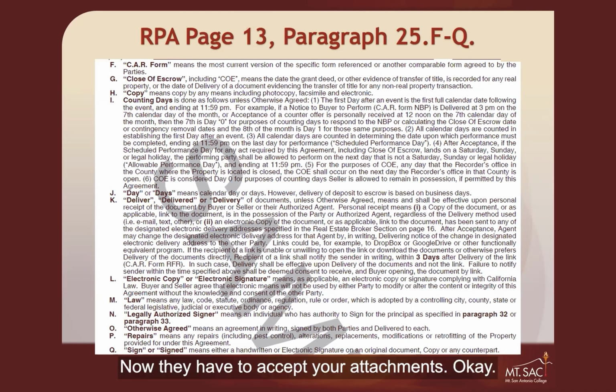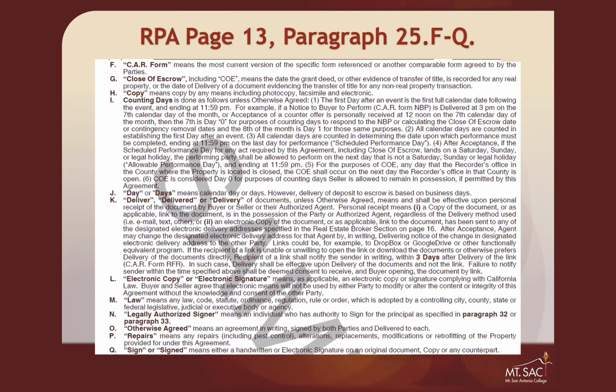Nah, they have to accept your attachments. Okay. So attachments have to go through. Links they can object to. Well, I guess if you saved it in a document that no one can open, if the CIO hasn't dealt with that, but links you can object to within 3 days, but attachments you can't. You got to accept your attachments. So that's delivery. All right.